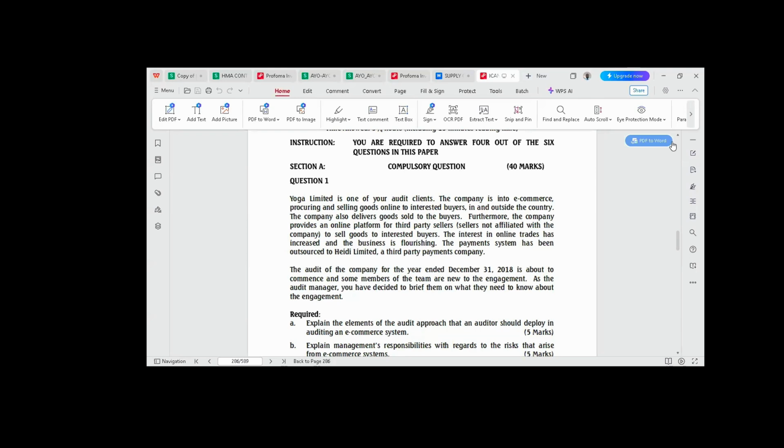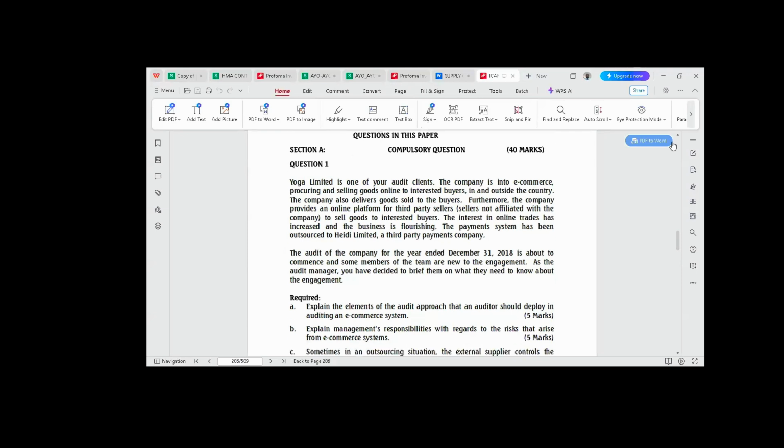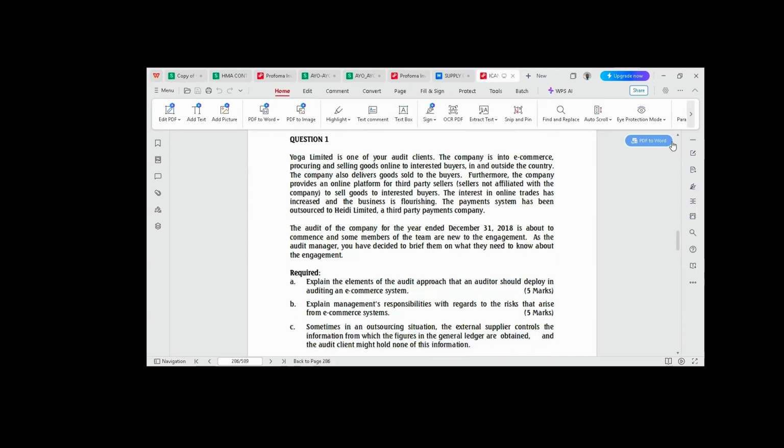The audit of the company for the year ended 31st December 2018 is about to commence, and some members of the team are new to the engagement. As the audit manager, you have decided to brief them on what they need to know about the engagement required. A, explain the elements of audit approach that an auditor should deploy in auditing an e-commerce system.